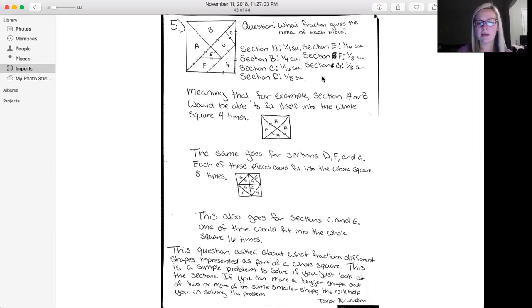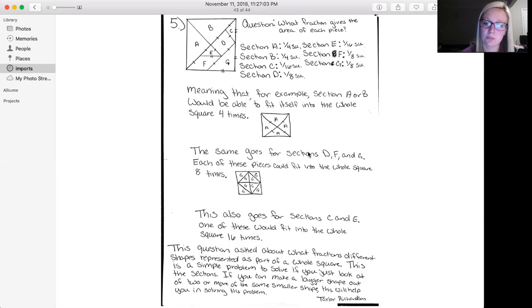And so we can find this just how I found this: A and B represented 1/2 of the square, and that they are equal so that they each represent 1/4. We're going to do the same by finding how many of each of the smaller squares can fit into each of the bigger squares. And so that's how you find each of the fractions for the area of each piece.